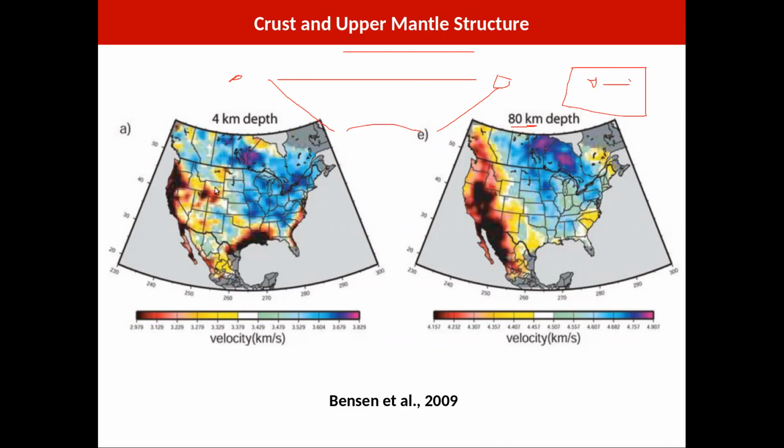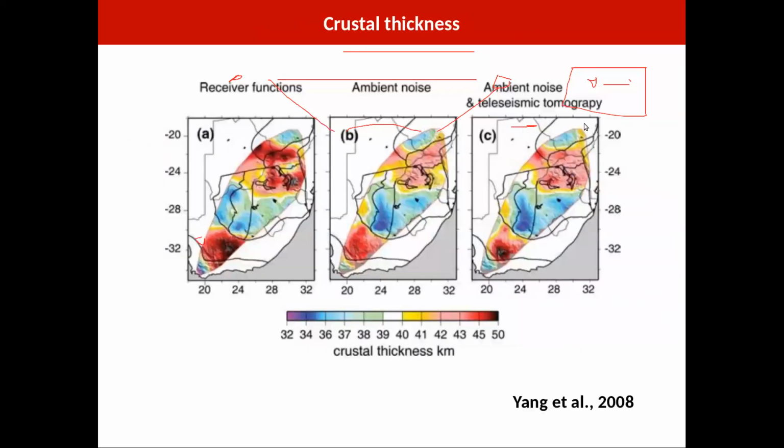But say if you do a continental scale tomography like this, using stations at each end of the continent, then you can sample up to 80 kilometers. So you can have an idea about the crust and the mantle velocity structure from the noise signal. And again, you can also have an idea of the crustal thickness.